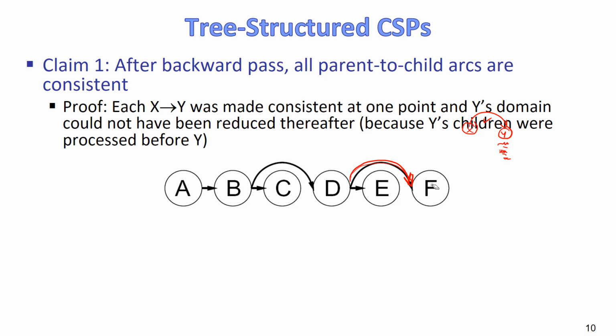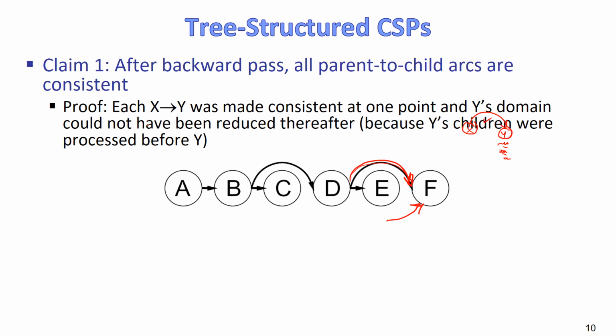We will consider the parent of F, but remember that in a tree, we don't even have an arc that is coming to F, other than just one. So after we are done with F, the values of F will never change.